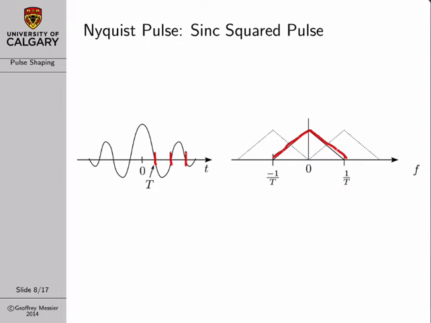But again, you'll notice that if you add these spectra together, you get a constant, because as the main spectrum is going down, the alias spectrum is coming up, and so the addition of these alias spectra is a constant. The inverse Fourier transform of this is a delta function, and so if you use a Sinc squared pulse, then you have zero intersymbol interference as well.